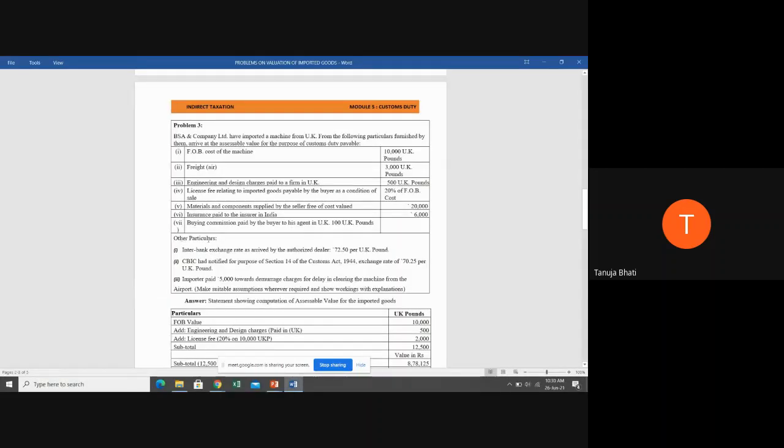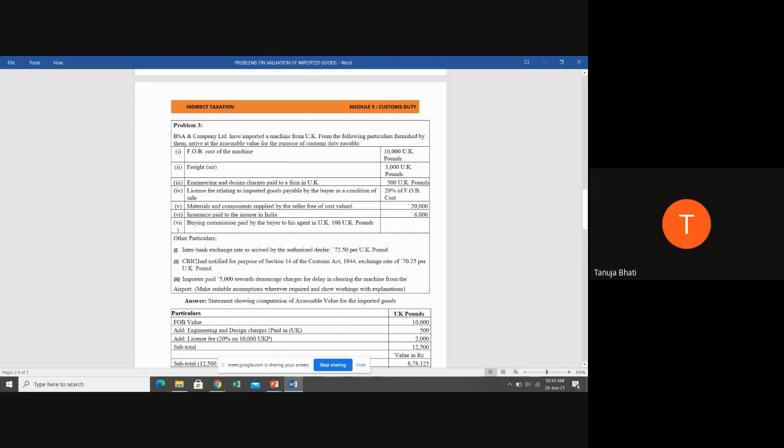Next, other particulars: interbank exchange rate as arrived by the authorized dealer is 72.50 per UK pound. Should this information be ignored or should it be considered? It should be ignored. Very good.